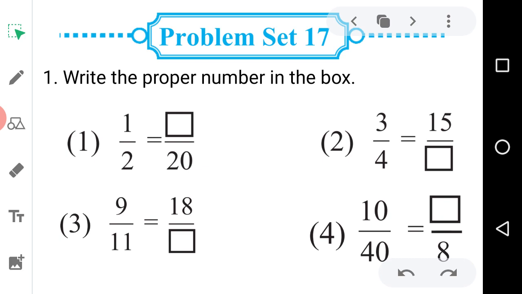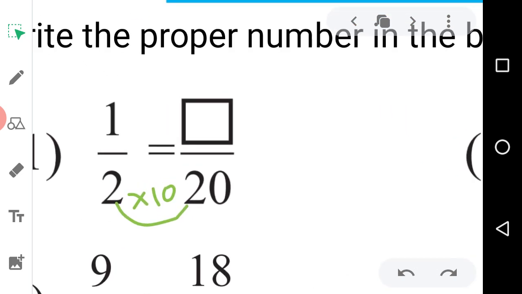See, how do we get 20 from 2? If we multiply 2 by 10, we get 20. 2 tens are 20.